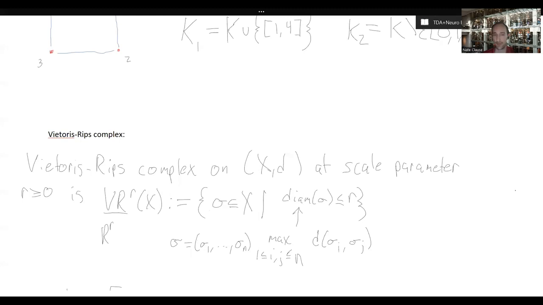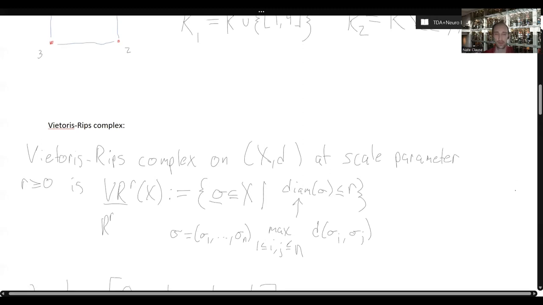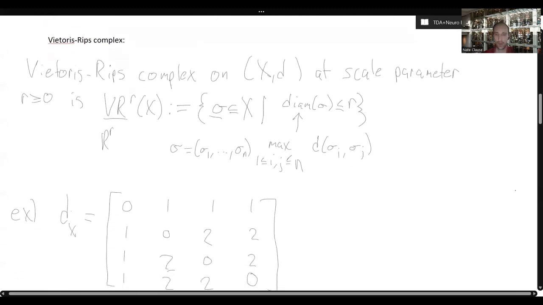It consists of all simplices sigma, which are a collection of points in X, such that the diameter of sigma is less than or equal to r. And recall, the diameter of a simplex sigma is simply the maximum over the distances between any two vertices in the simplex.